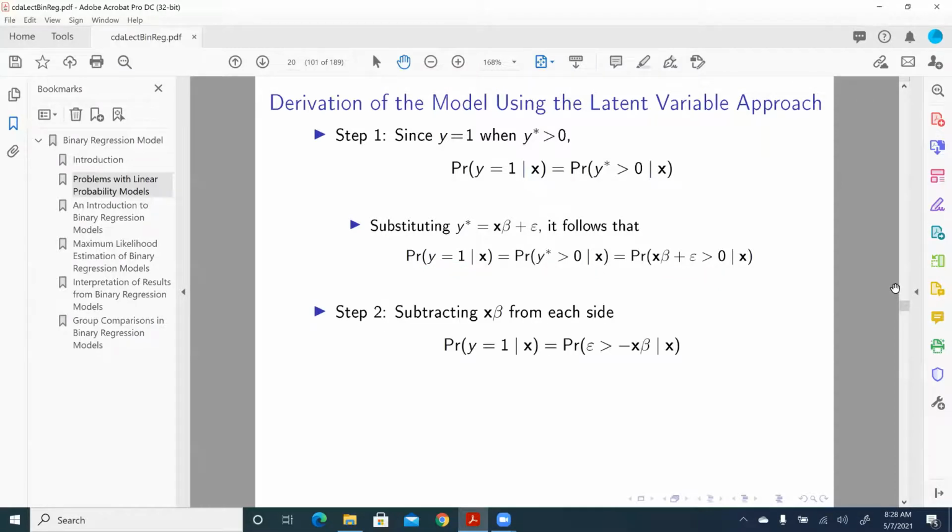And what we're going to do is, for this equation here, make a pretty simple algebraic rearrangement. Then we will get epsilon greater than negative x beta. So we move this term to the right-hand side.